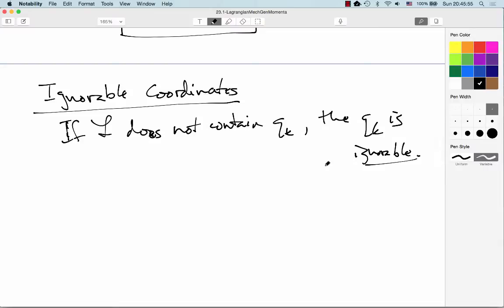So let's ponder what that would mean. So let's say that our q_k is ignorable.